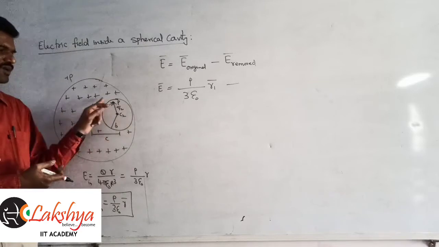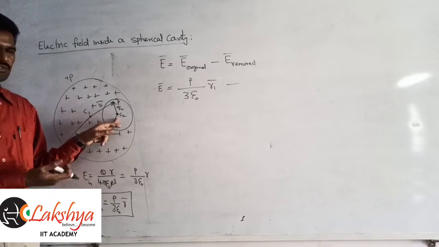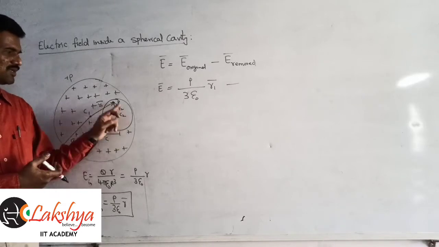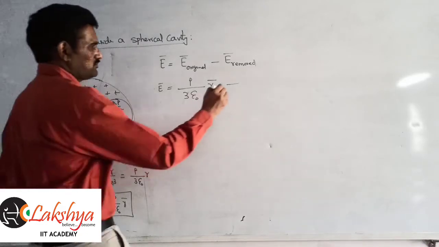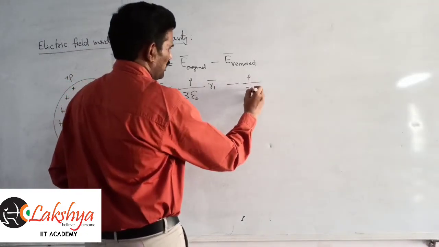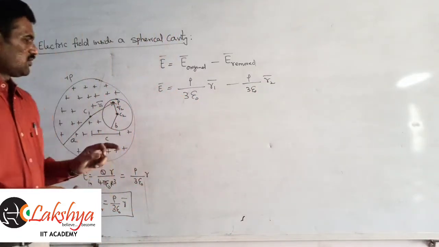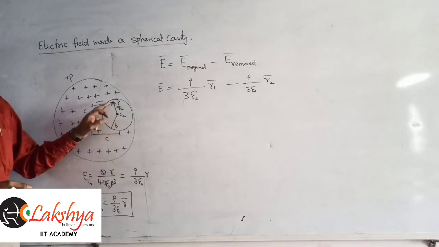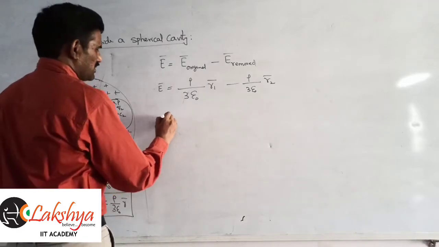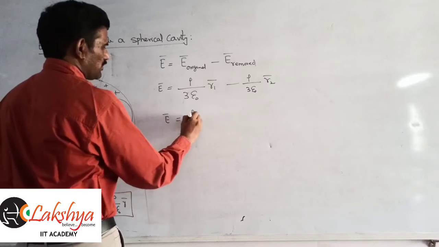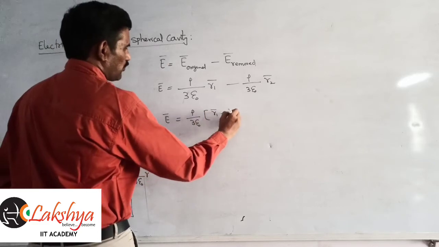So then we need to assume here also the charge density plus rho. Then for this sphere the point is again inside, so again we can apply this formula here. So it is rho by 3 epsilon naught into R2 bar, right? The same thing, only the distance here is R2, from the center of that particular sphere. So now E bar is equal to rho by 3 epsilon naught, you can take common, then R1 bar minus R2 bar, right?